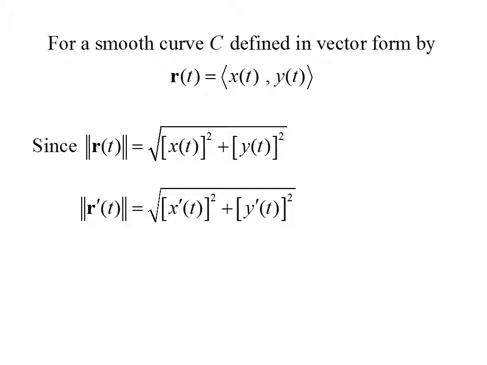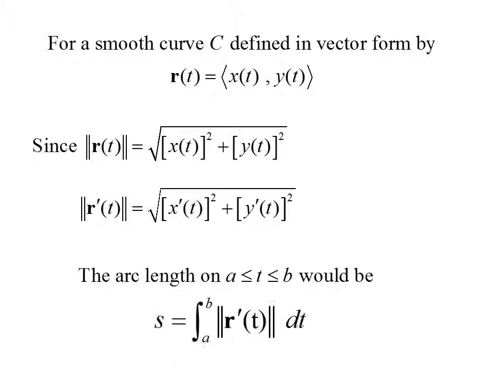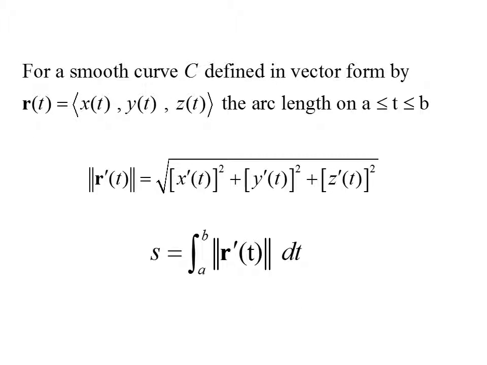So the formula for arc length in vector valued functions can be written simply as the integral of the magnitude of the derivative of r. And it's nice and interesting because it is the exact same formula in 3 dimensions as it is in 2 dimensions.